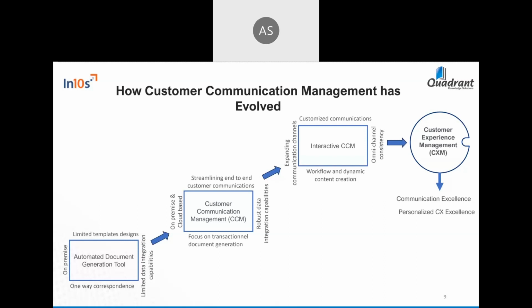I have one more point to add at the end of CXM: this changing digital environment has made some major changes, and one of them is time to market. It's very important. Earlier, a communication system used to take more than two to three months just to deploy.